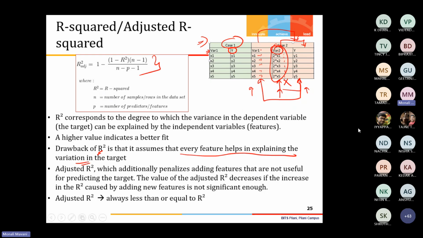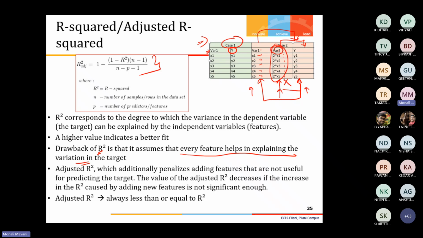So R square assumes that every feature you have in the data set is equally contributing towards the prediction. R square will just tell you whether the collection of features is a good fit for your prediction, whether it's a good fit model or not. But it won't be able to distinguish between individual features' predictive power.